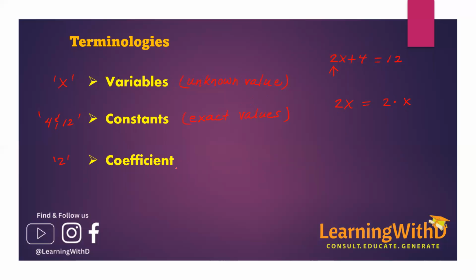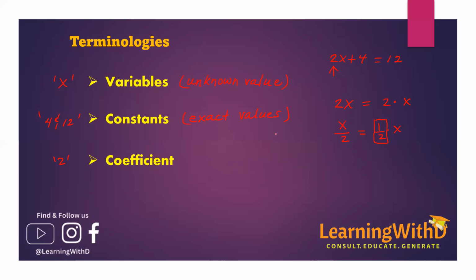So the coefficient is that number that is multiplying the variable, that number in front of the variable. It could look like x over 2, which is really 1/2 x. So we're taking x and multiplying it by 1/2, and therefore 1/2 in this case would be our coefficient.